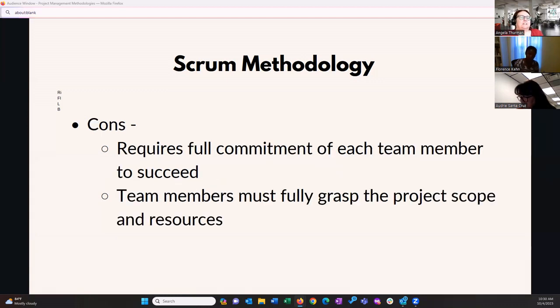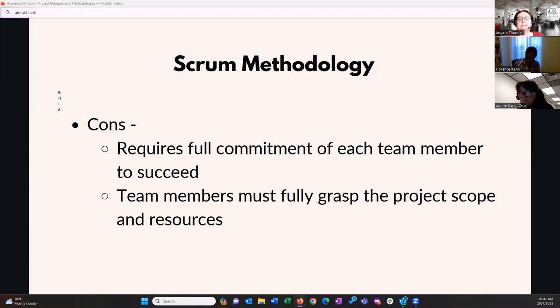But some of the cons include that it requires the full commitment of each team member to succeed. The team members must also fully grasp the project scope and the resources available. So it's great for building creativity and team chemistry, but it does need the entire team to be fully committed. That means they have to be self-motivated.